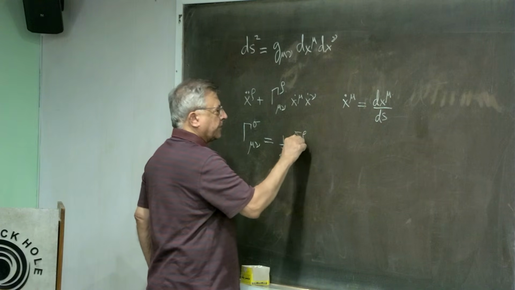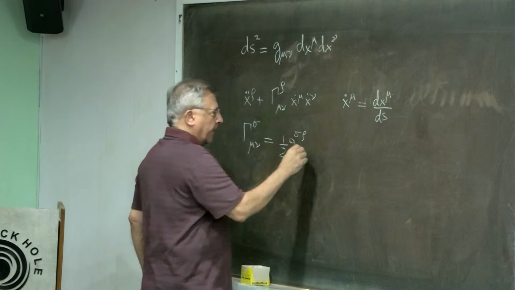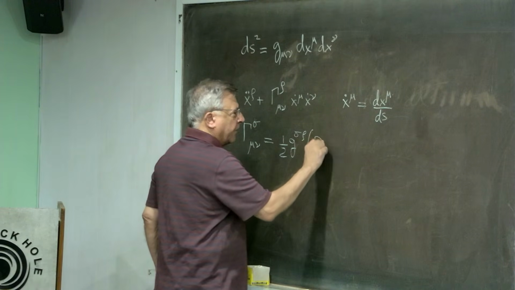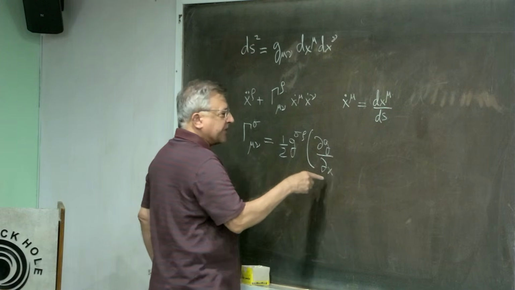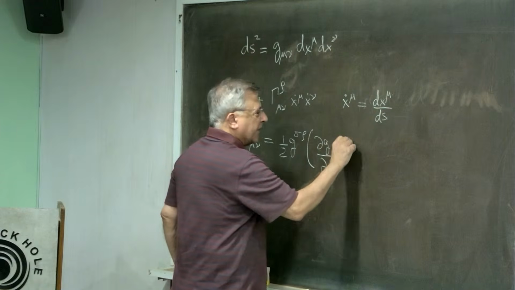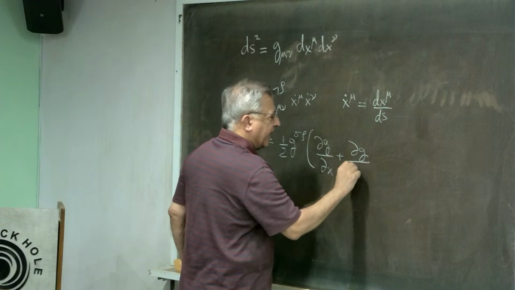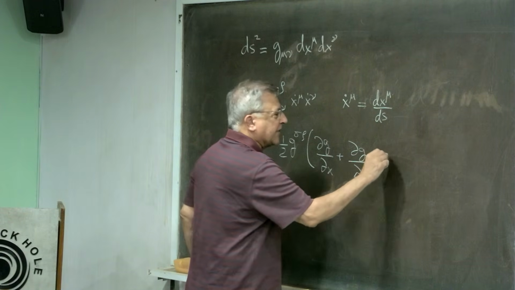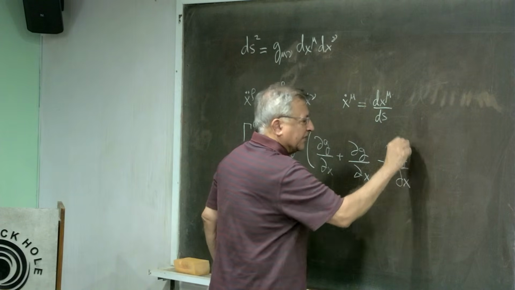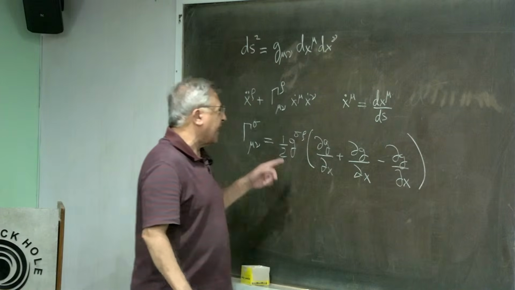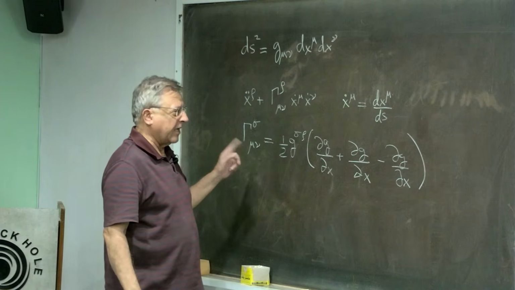So there was dg something by dx plus dg something by dx minus dg something. And now let's fit in what the indices are.